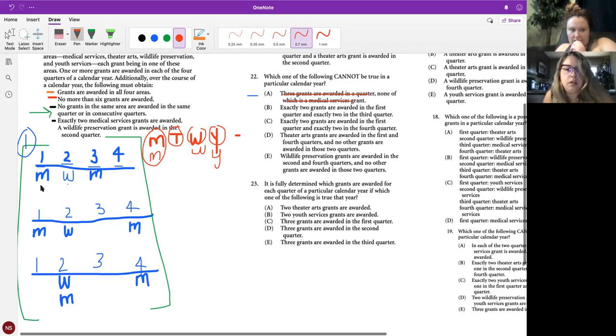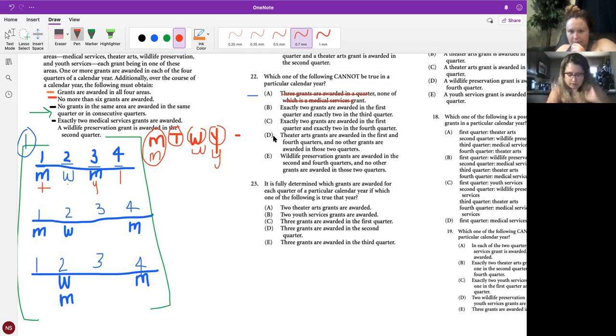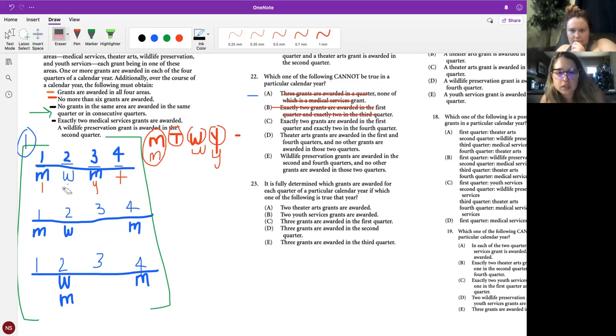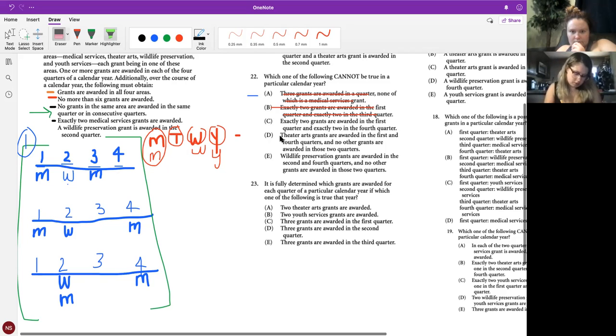Yeah, that's fine. I'm thinking you could have T, Y, and then T. Because then you would have at least one go into the fourth, which fulfills the first rule. Exactly 2 grants are awarded in the first quarter, and that's the same thing as B. You just shift it around.